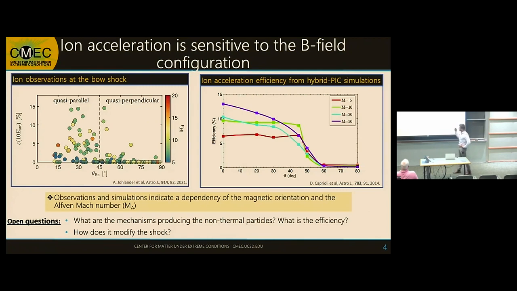What is the efficiency, depending on the magnetic field configuration? And there is also something very interesting: if you generate non-thermal particles, you have a new source of free energy, and this free energy will generate a magnetic field that can modify the shock structure. So you get a kind of back reaction. And so that is why I was interested in looking in detail, in the lab, at those quasi-parallel shocks at high Alfvén Mach numbers.